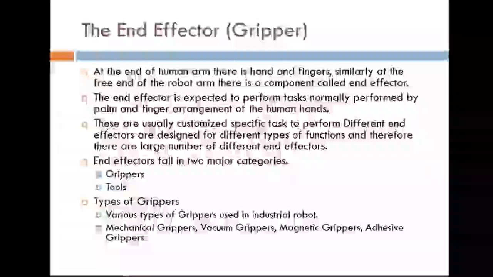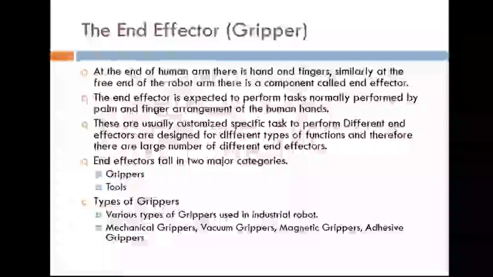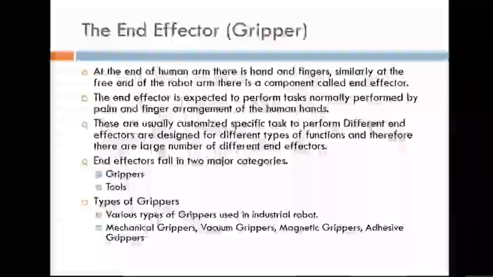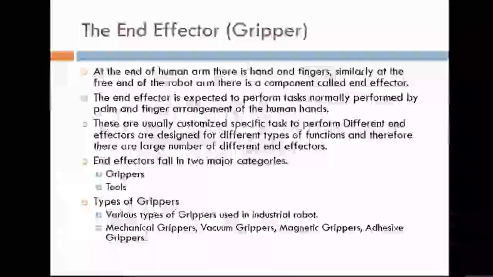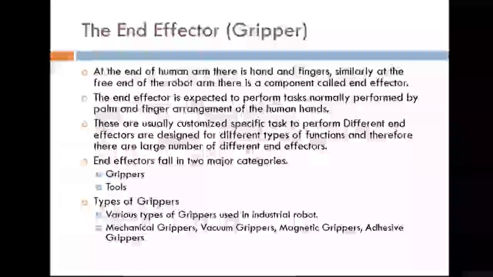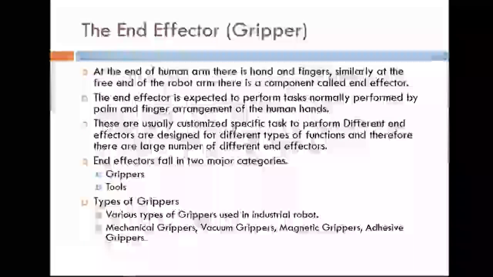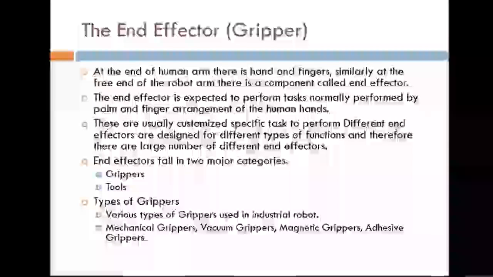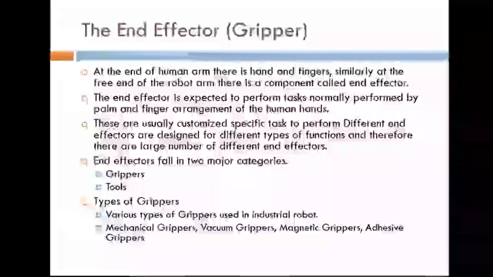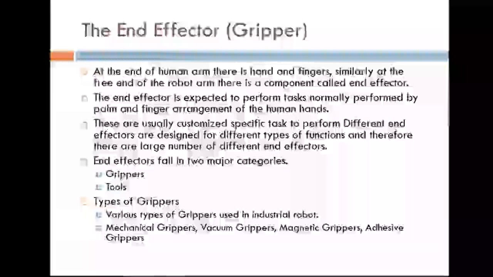In our body, the end of the arm has the palm and fingers, which we use for work, for eating, for writing, for cycling, for gripping, like that. The end effector is expected to perform the tasks normally performed by the palm and finger arrangement of the human hand. The robot end effector is designed to perform the tasks performed by the human hand.